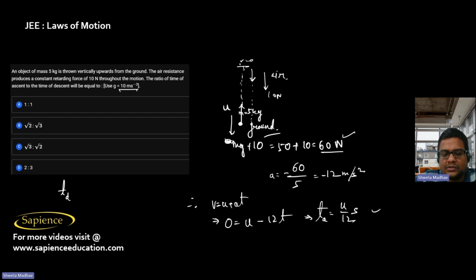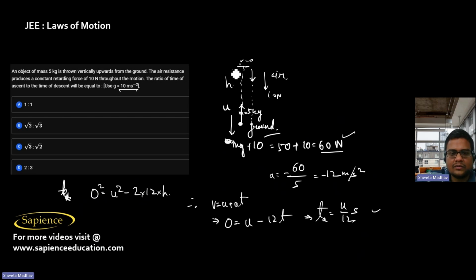So here we can find how much distance it will go upwards. That is, v square equals u square minus 2as, 2a into h.